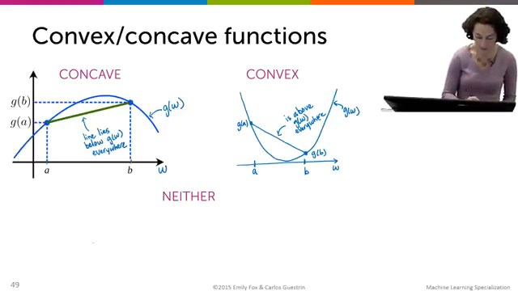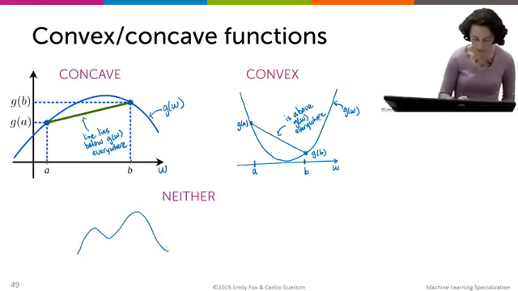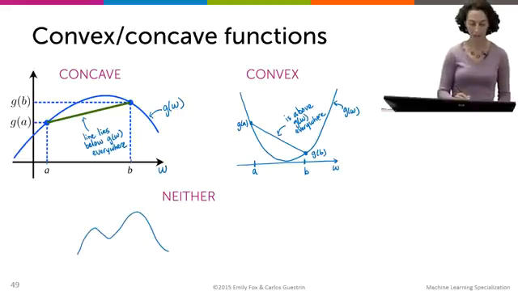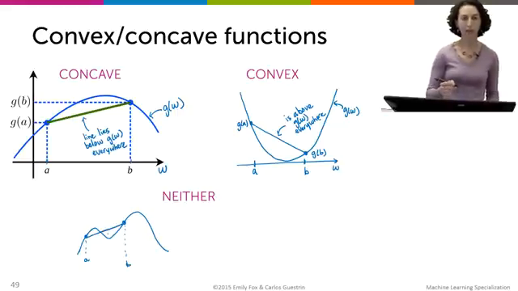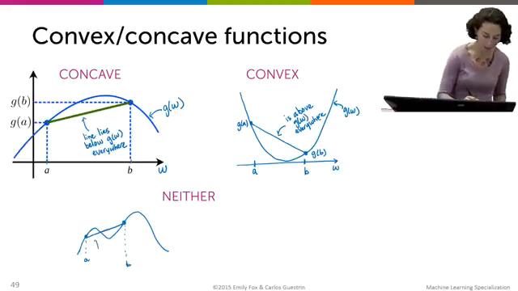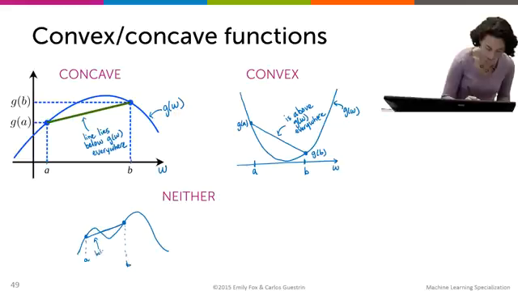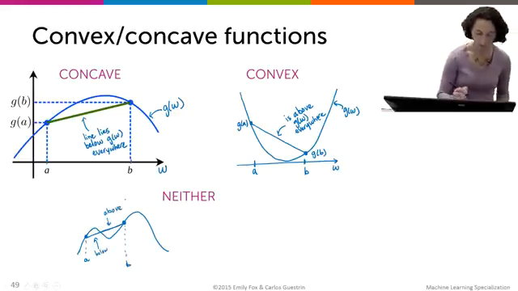But then, of course, there are functions that are neither concave nor convex. So let me just draw two examples here. Here's an example of a function that is not concave nor convex. And how do we see that? Well, let's look at a point A and a point B and draw a line between these points. And we see that this line lies both below the curve here and above the curve here.